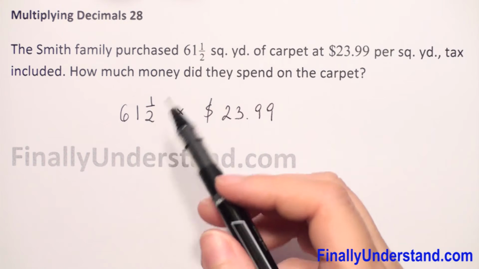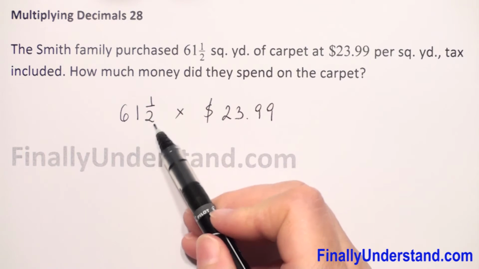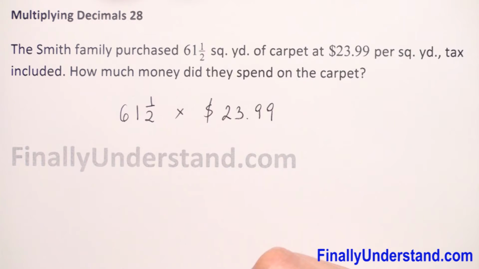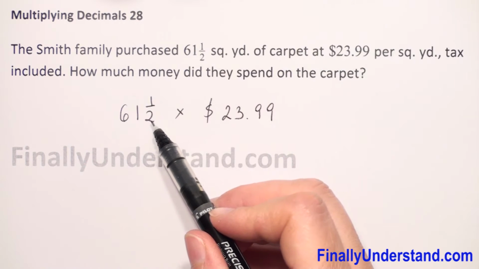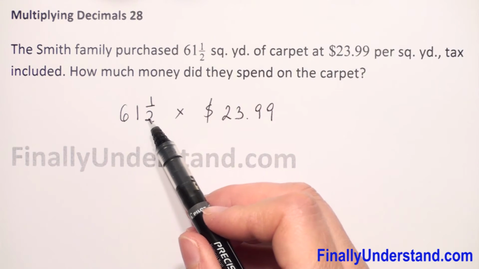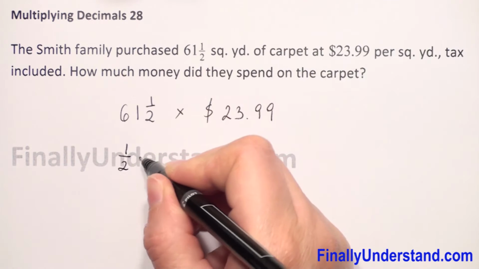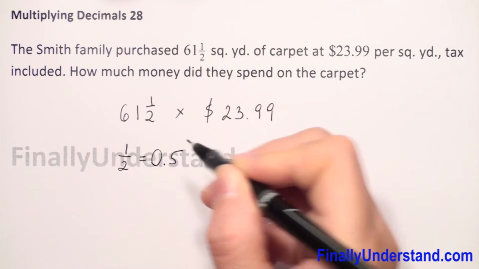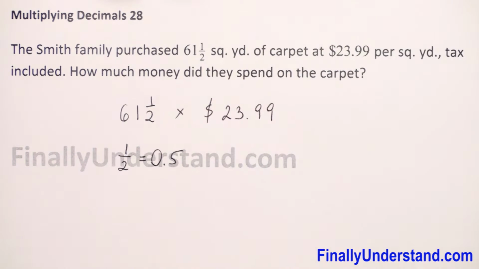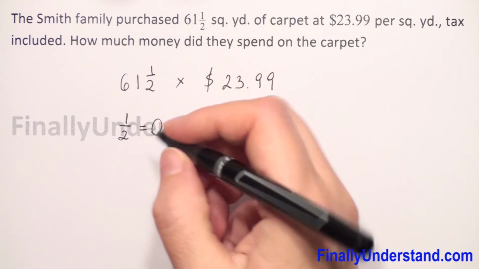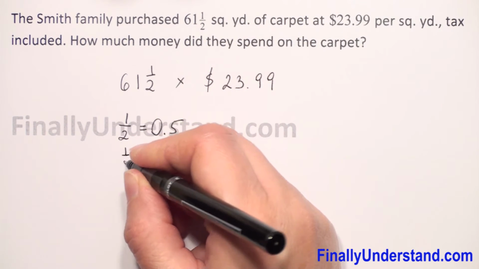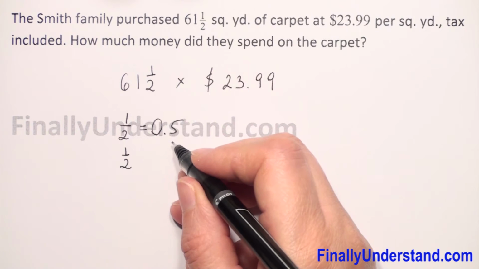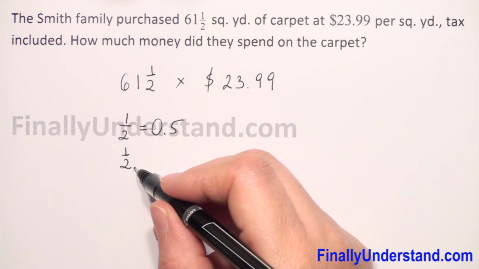First we will change 1/2 to a decimal. How do we do this? We can do long division, or maybe you know that 1/2 is equal to 0.5. How can we change this? Because we have 1/2 and we need to have tens in the denominator.